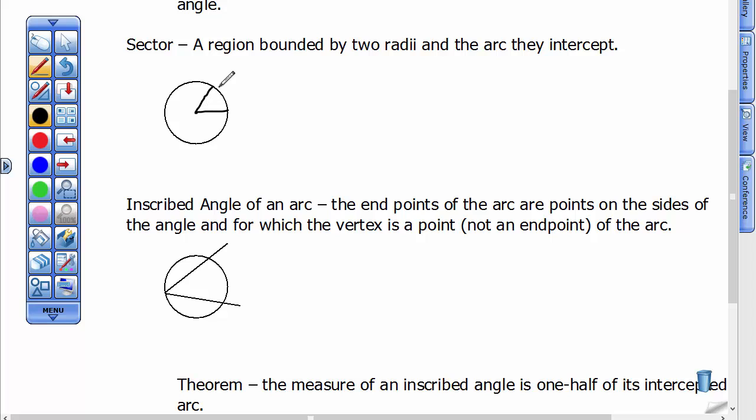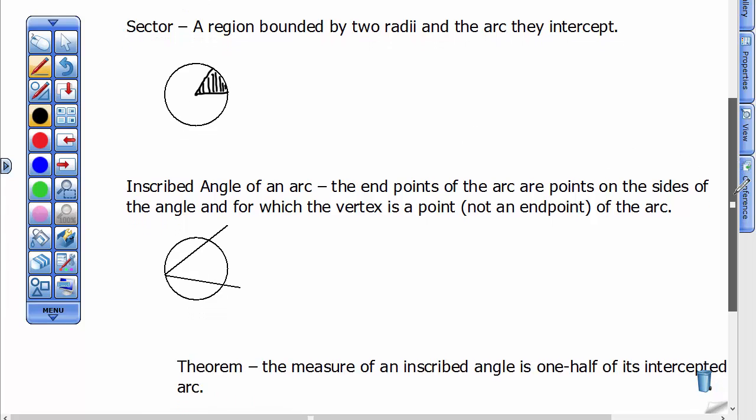So a sector is a region bounded by 2 radii, and bounded means included or enclosed by, kind of like a fence, and the arc that they intercept. So the sector that I'm trying to show you here, the piece of pie, is that area right there, bounded by those 2 radii and the arc they intercept.